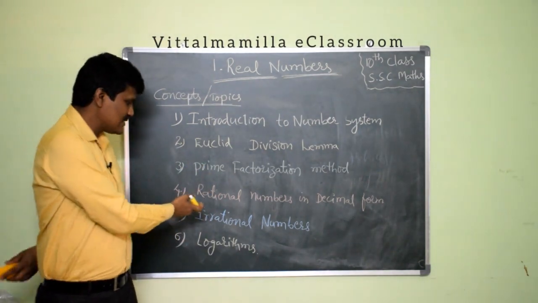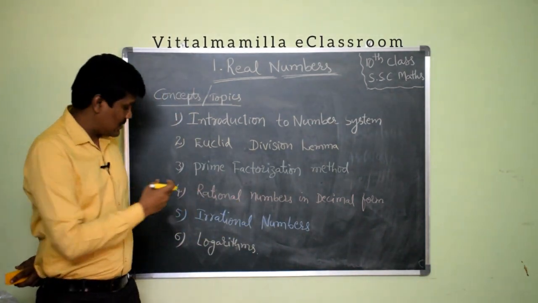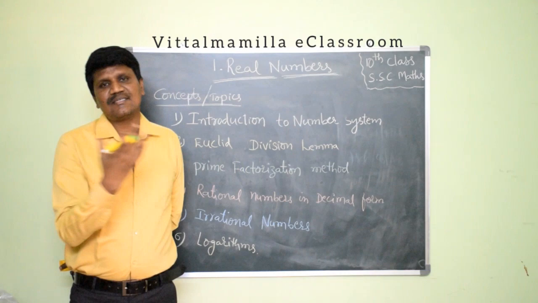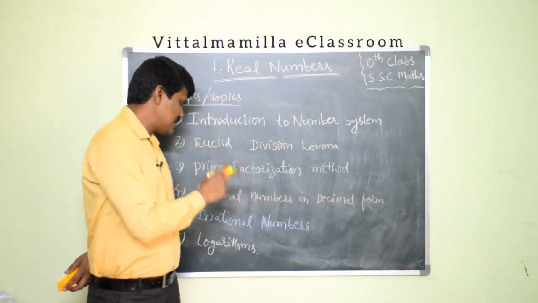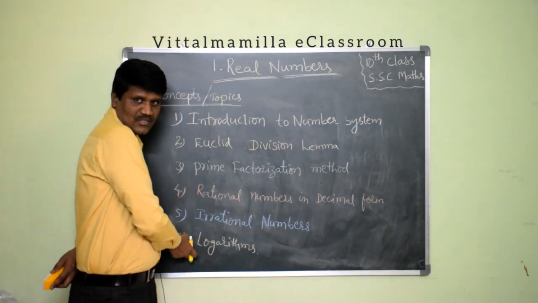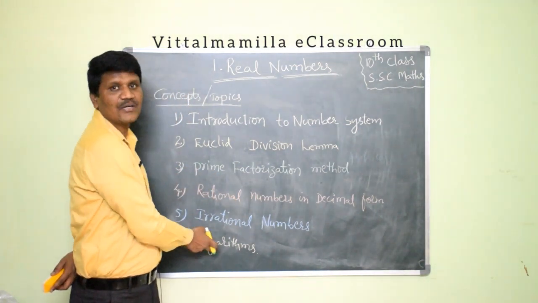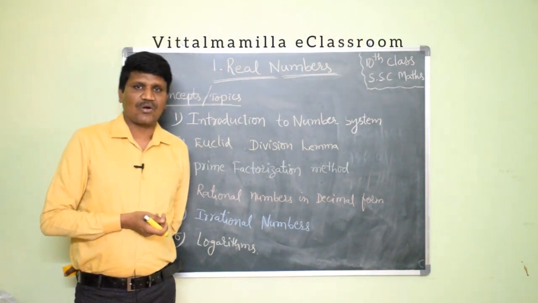The 5th one is irrational numbers, where we will see how to prove that a given number is irrational. And the next one is logarithms, a new topic introduced in the 10th class, which you are going to use in your upper classes.